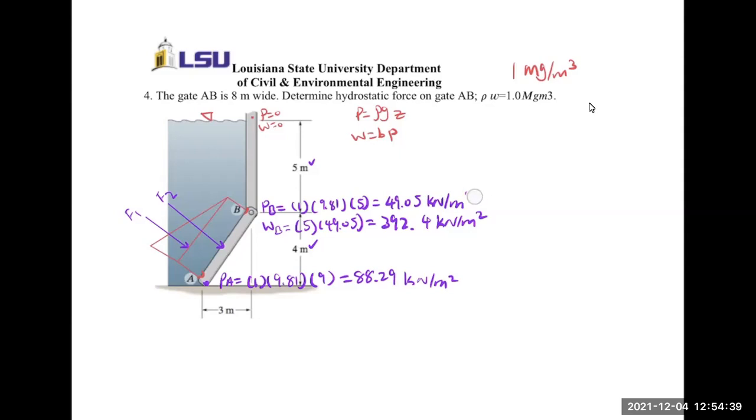My bad, guys, this should be square because this is pressure, not density. And then WA: since the width of AB is given, you multiply by PA, which is 88.29, and you're going to get 706.32 kilonewton per meter square.